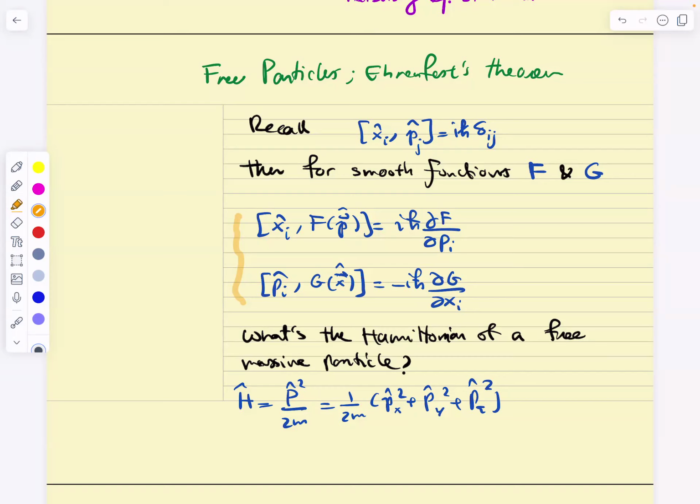You next calculate p cubed. What do you find here? 3 p squared. You can prove this in an organized way. Then you take an arbitrary f, you Taylor expand it in terms of power laws, and that's the formula you prove.